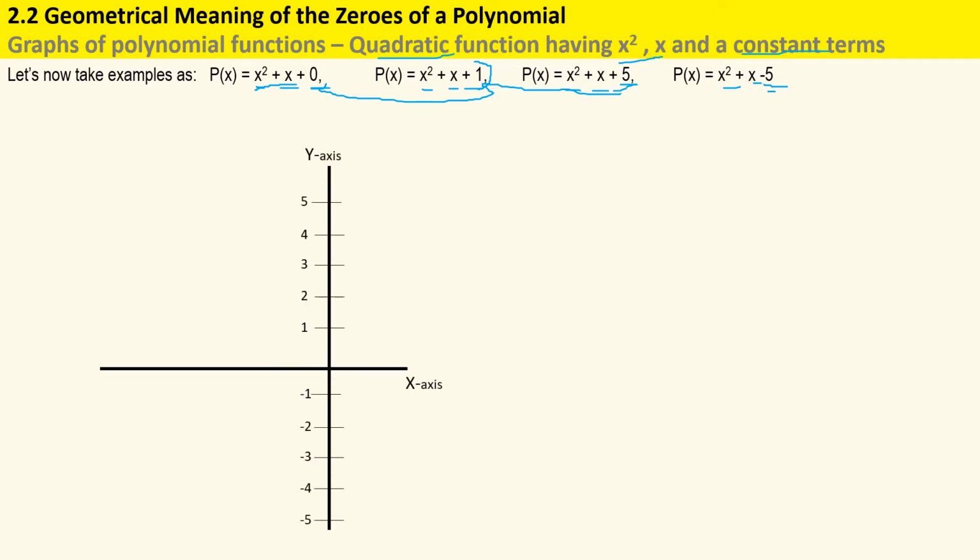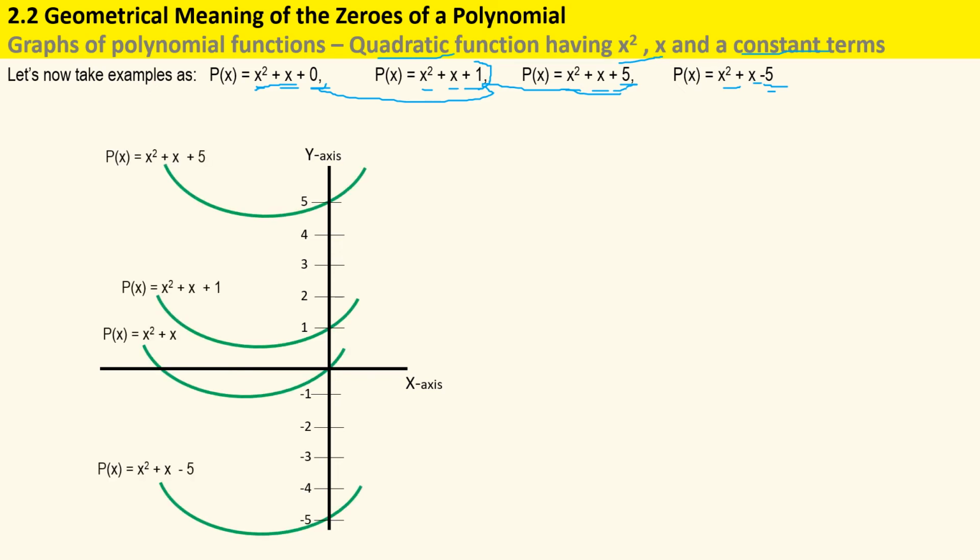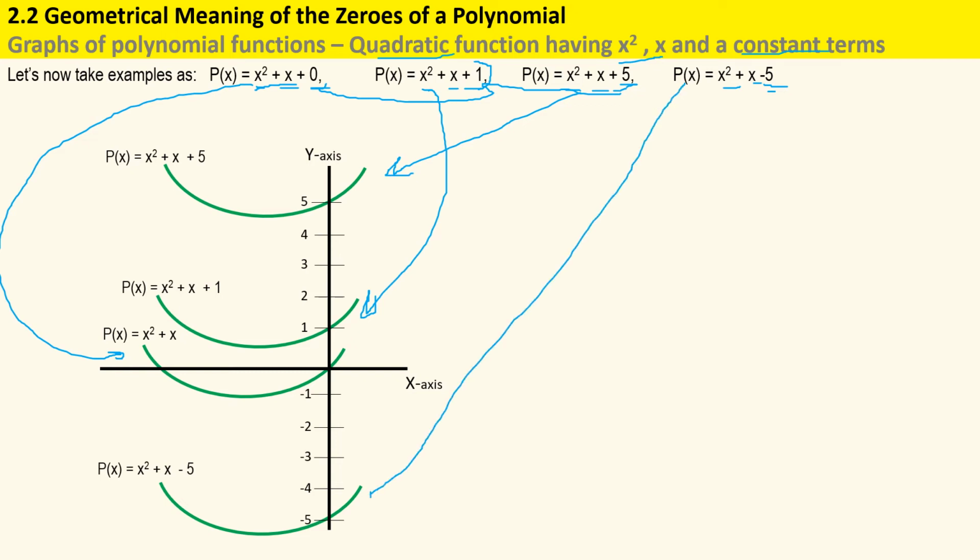So if we plot them on our usual x-axis and y-axis, these four functions will look like this. The graph of x squared plus x plus 0 is plotted right here. Then x squared plus x plus 1 is plotted here, and x squared plus x plus 5 is plotted here, and the last function is plotted in here.